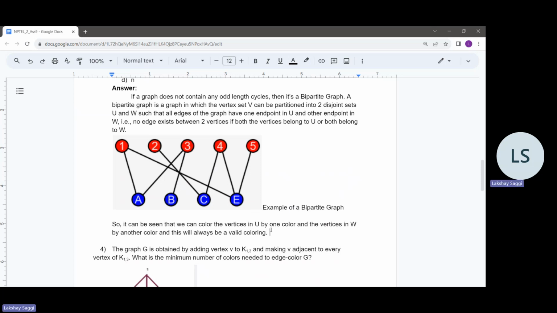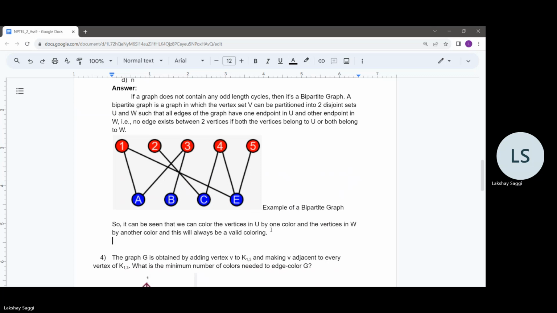So basically, a connected bipartite graph has vertex chromatic number equal to 2.